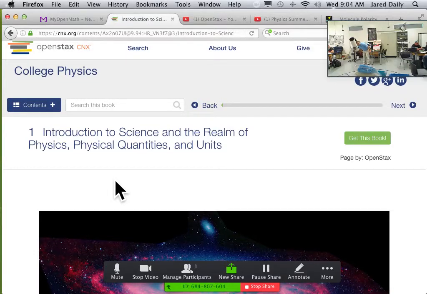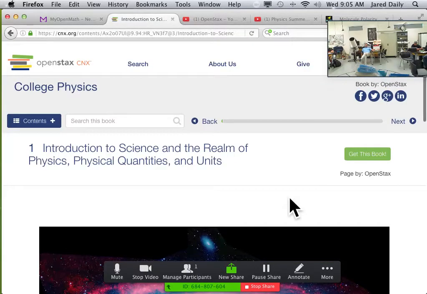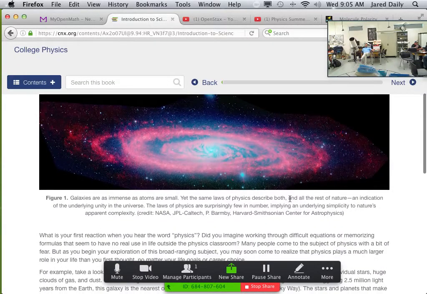But once we get beyond chapter 4, we're going to start moving a little faster because hopefully by then you've got some tools under your belt, you're a little more comfortable with the things that we're doing, and we can move faster. So let's start off here with our introduction to science, the realm of physics, physical quantities, and units.